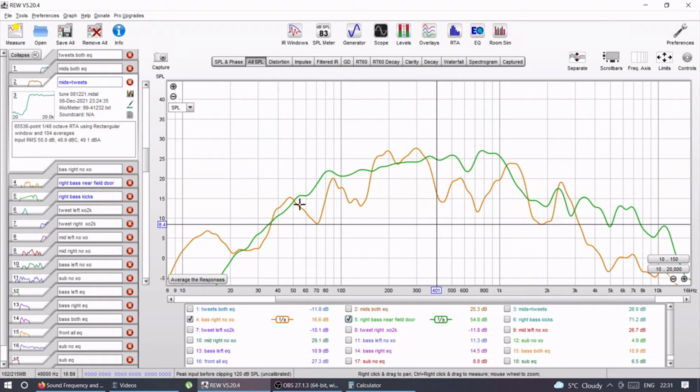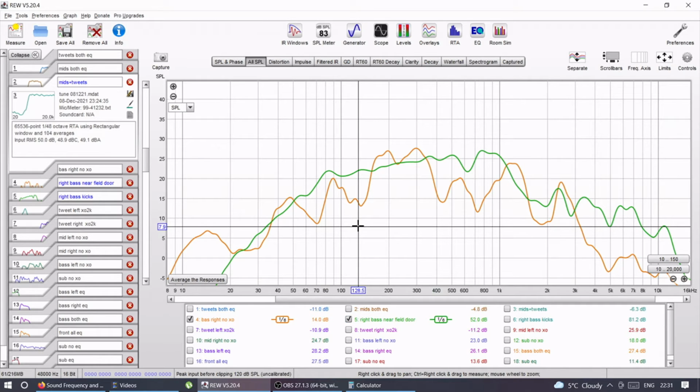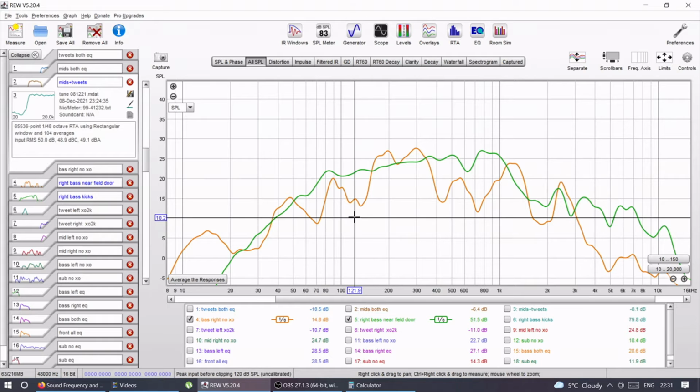Yeah, so as you can see, this response is very flat. I mean, it's not flat, it's smooth. That means there's no big dips and peaks. And I know that these two, for example, 70 and 150, are caused by cancellations and not by the driver itself.